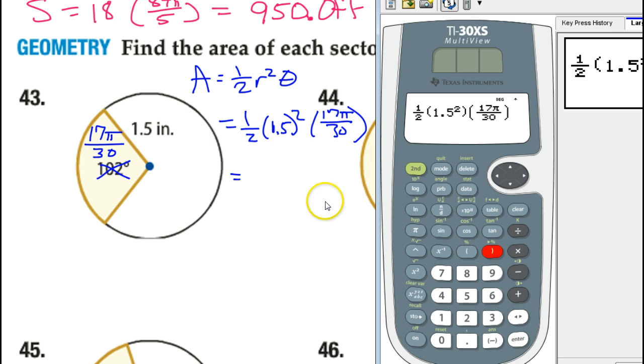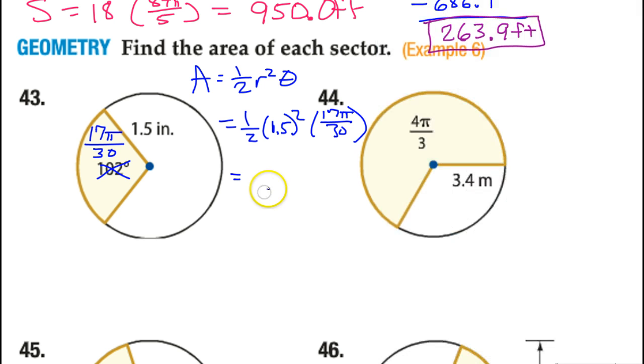Boom. That is 2.0. So to the nearest tenth, that is 2.0, and this would be inches squared, because we're talking about area, so the units will all be squared. That would be the answer, number 43.